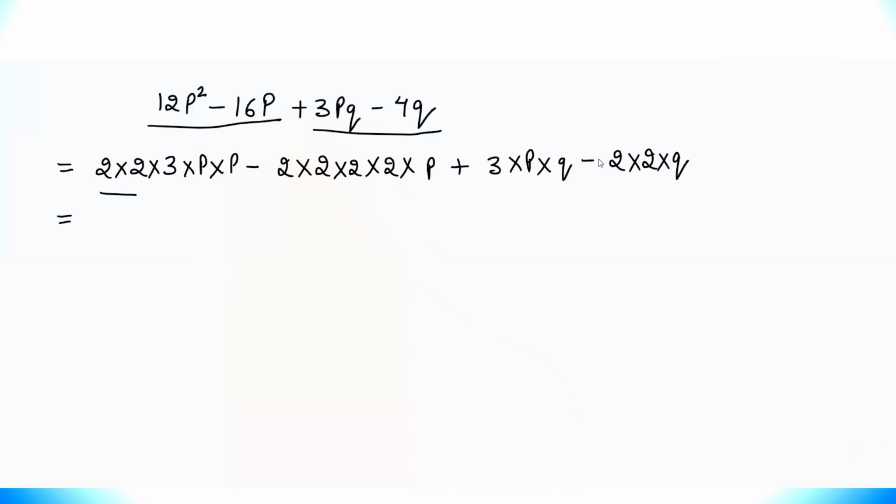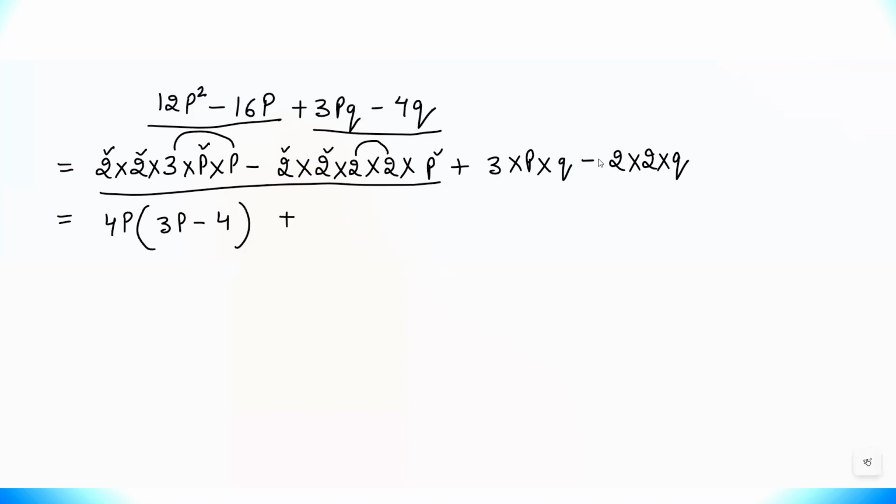Now, from the first group, 2 and 2 is common, another 2 and another 2 is common, and p is common. So 2 into 2 is 4, 4p is common. What is left? 3p minus what is left? 2 into 2, 4 is left.